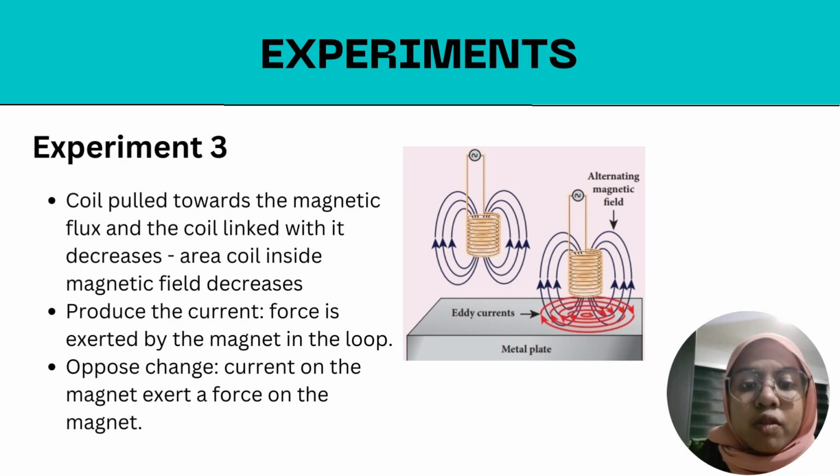When the coil moves towards the magnetic field, the induced current flows in a direction that creates a magnetic field opposing the change in magnetic flux. This opposing magnetic field interacts with the original magnetic field, resulting in a force exerted on the magnet or the coil itself. For these three experiments, it shows that Lenz's law theory is proven.